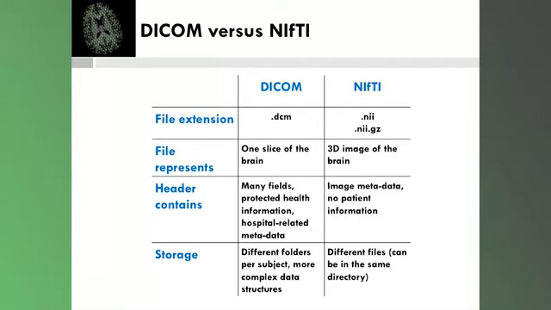The DICOM storage is a bit different, as we saw in the first lecture, where each one of the DICOM images for a subject is stored in an individual file. For NIfTI, since we only have one image for each file, we can store these all together for one subject in a single folder.